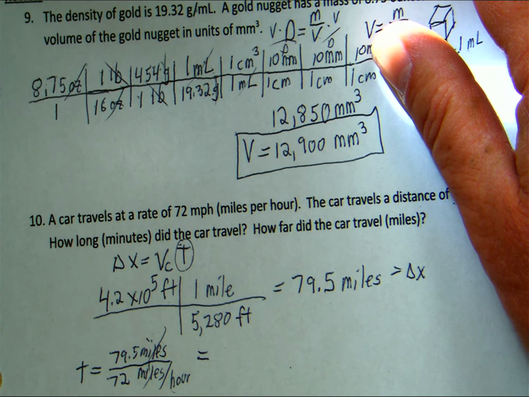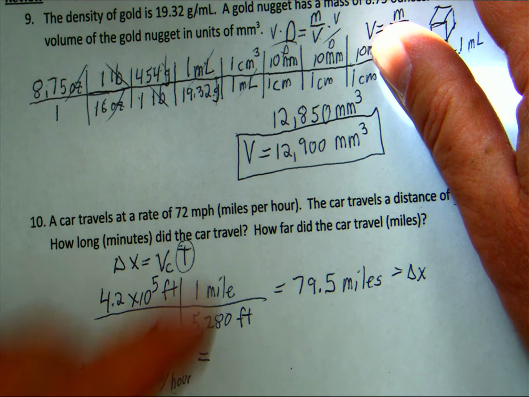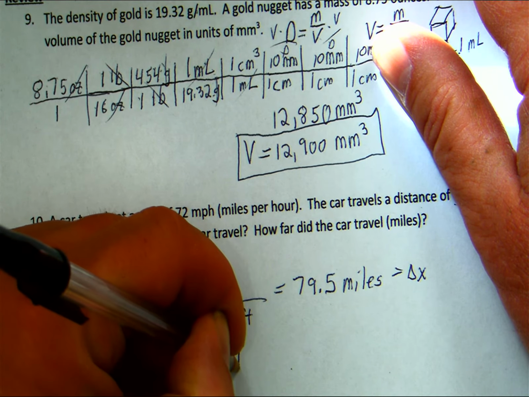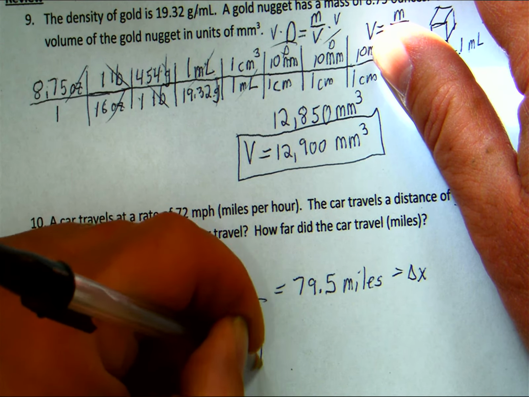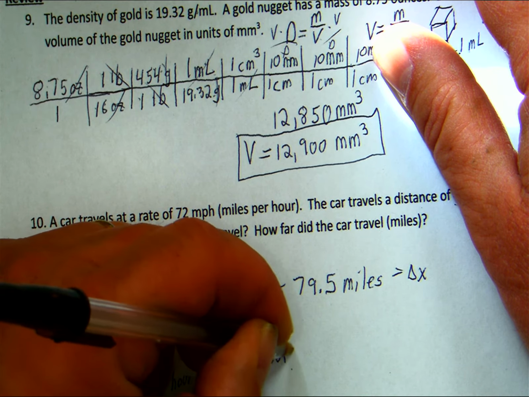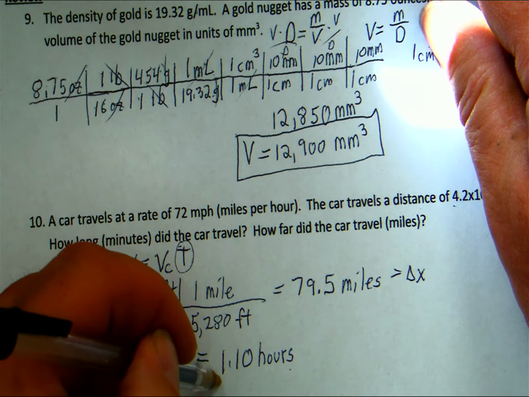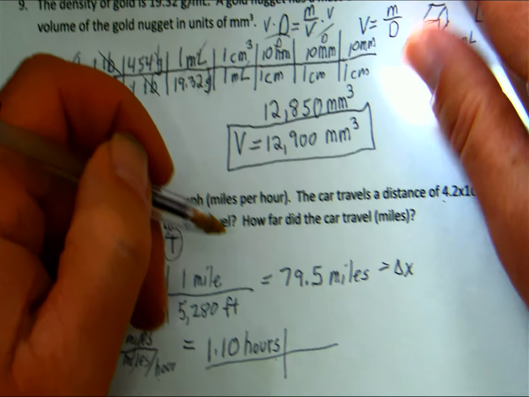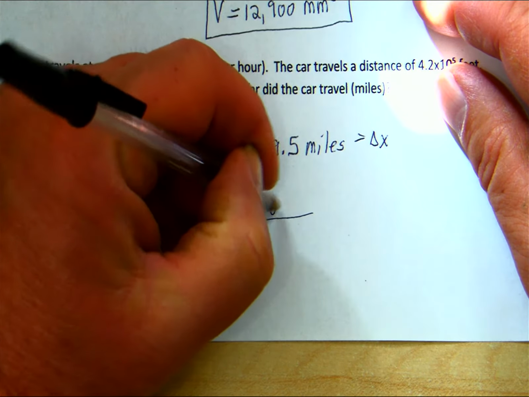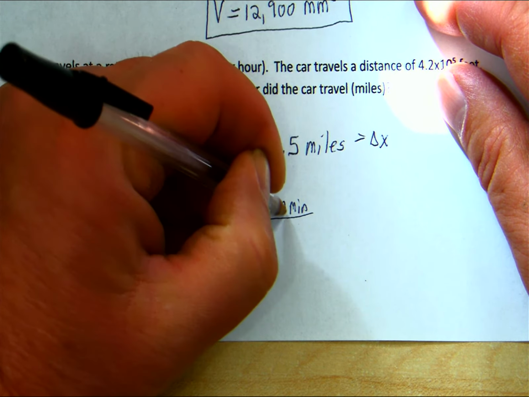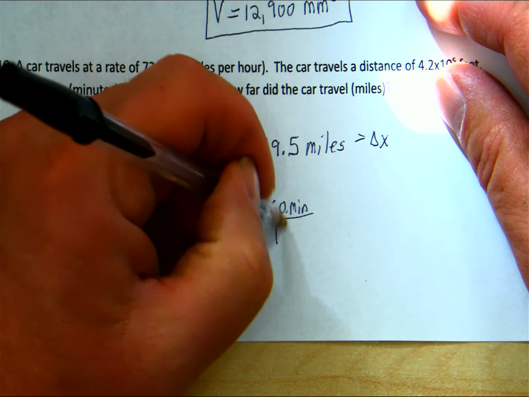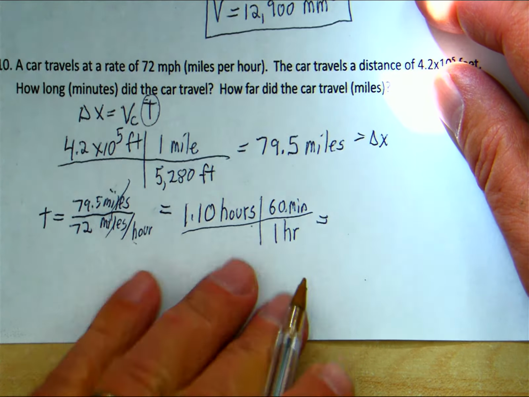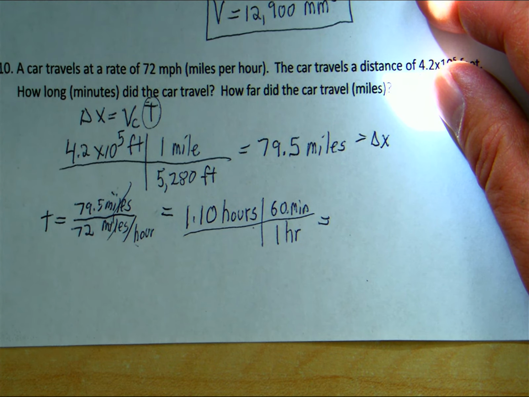79.5 divided by 72 is a value of 1.10 hours. Of course, we need to convert that into minutes, and most of you know that there are 60 minutes in 1 hour. Again, that's a precise definition, so we're not limited on sig figs in this definition.